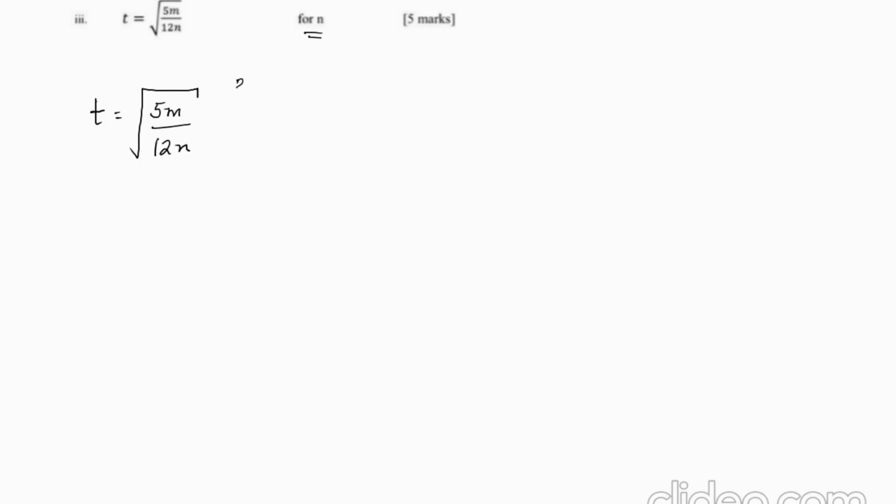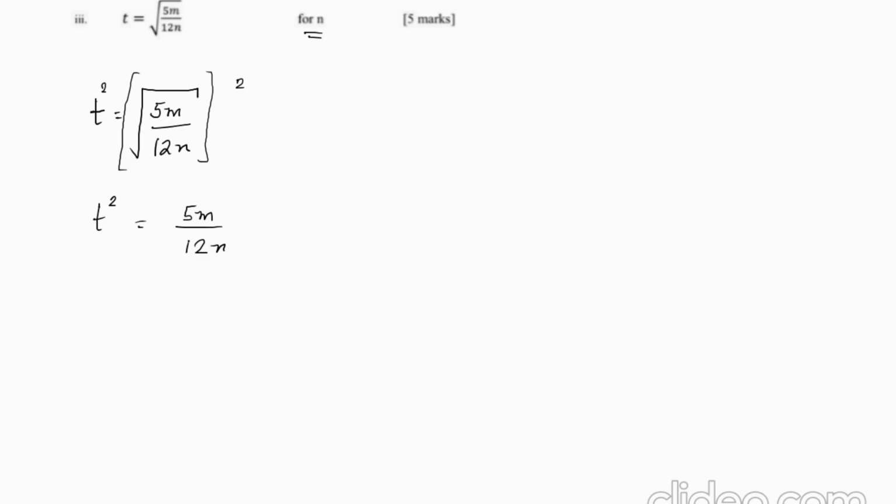So if I square this side, which means everything in here gets squared, then I've got to do the same thing here. I've got to square this side. When I do that, I'm left with t squared is equal to 5m over 12n. All right, so I've made some progress here. I've gotten rid of the square root sign by squaring, but now I'm still having some issues because now 12n is in the denominator.